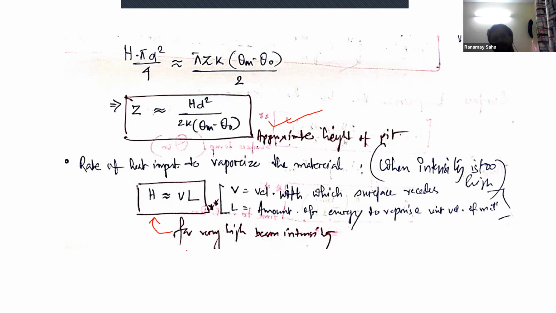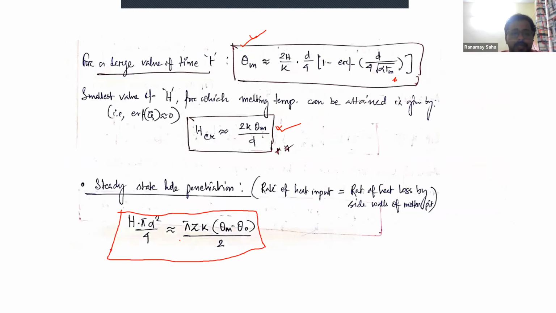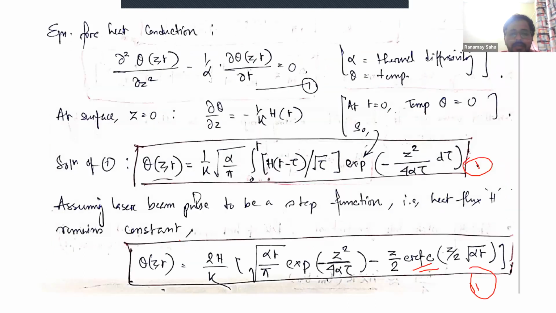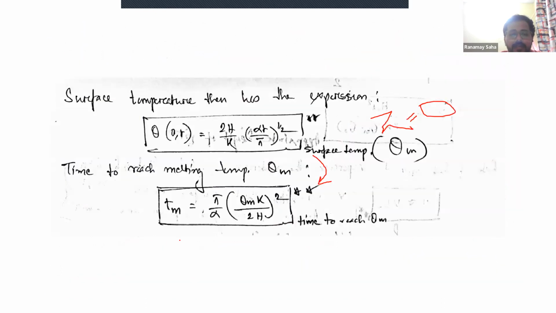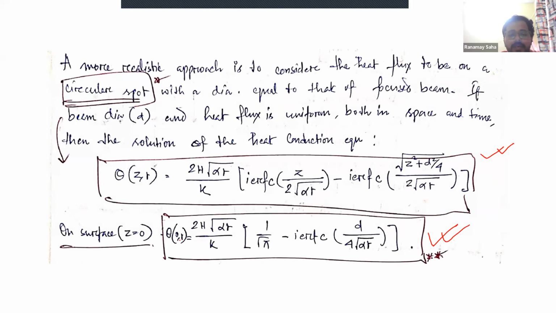So these are certain heat generation and temperature rise equations. One is the generalized case, for which we have found these equations. Then you find a modified version when you take the temperature at the surface, and you take a generalized circular spot of beam with a diameter equal to that of the focused beam, with the heat flux active on that circular spot only.